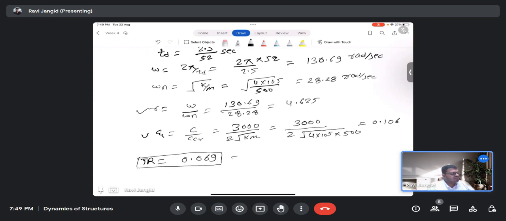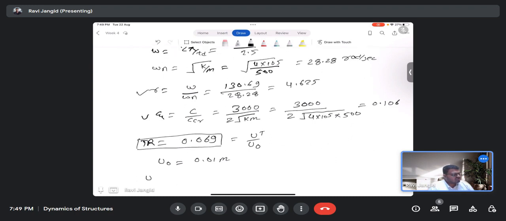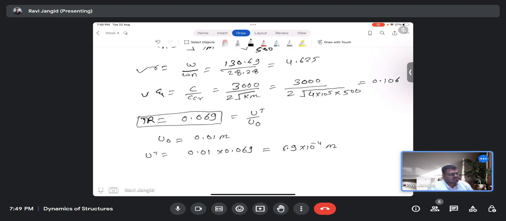So that would be u(t) divided by u naught, and u naught is given to you as 0.01 meter, or you can say it in mm, but we don't need to change it. So u total will come out to be 0.01 into 0.069, that would be 6.9 into 10 raised to power minus 4 meter. So your acceleration at the top would be omega n square times u(t).